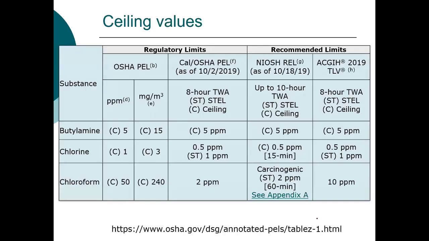So you can see here for the ceilings, we've got a ceiling for chlorine. Maximum 1 part per million. You never want to exceed that limit. California sets it at 0.5.